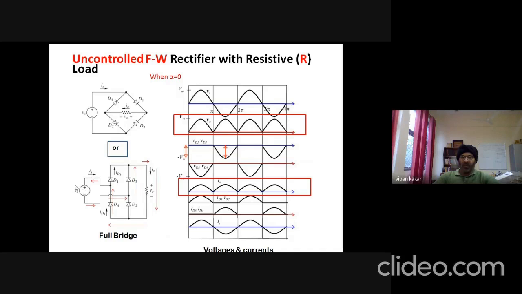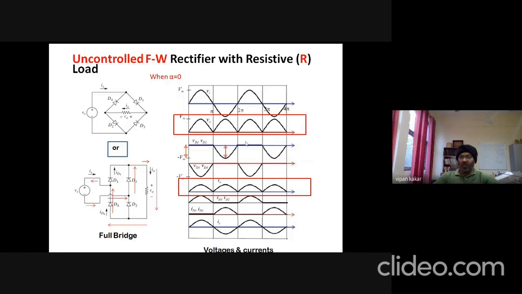No matter that at the supply side it is reversing its polarity, at the load side it is following the same direction, which can be seen from here. So in the negative half cycle also, we have the same voltage polarity at the load. It means that we have two pulses in one complete cycle from 0 to 2 pi.